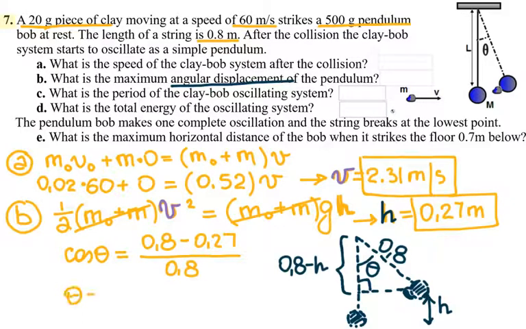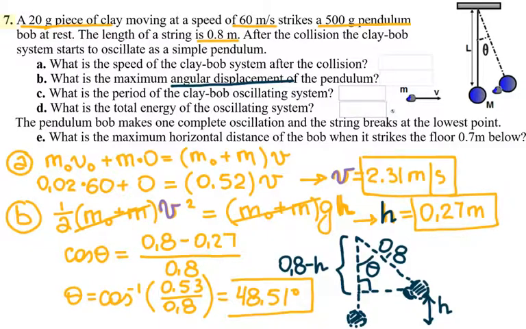Then theta is equal to arc cosine, or the inverse function of cosine, of 0.53 over 0.8, and that will give me the angle of 48.51 degrees. So that is the angular displacement of the bob.